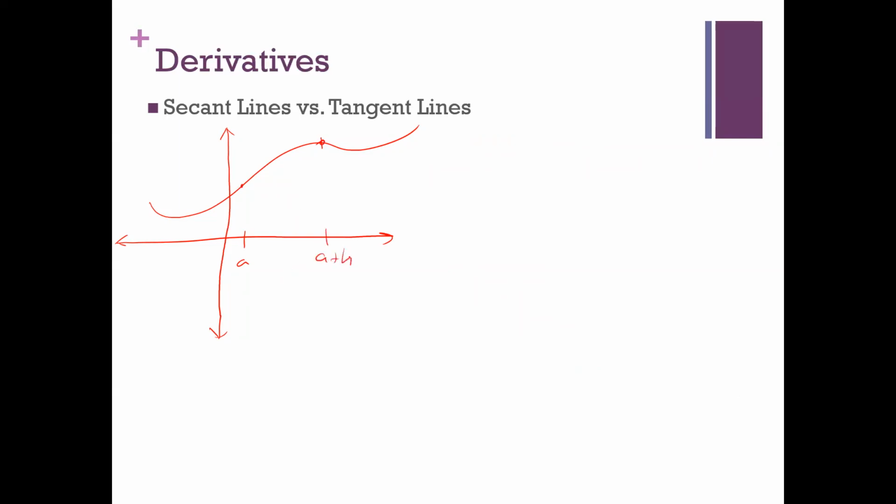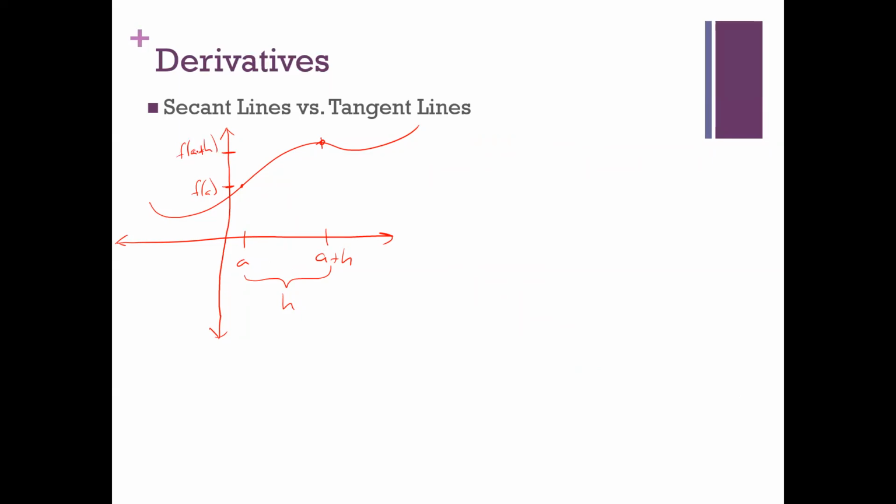I'll have 2 x values, a and a plus h, and h is just how far apart these are. And these 2 y values are going to be f of a and f of a plus h.